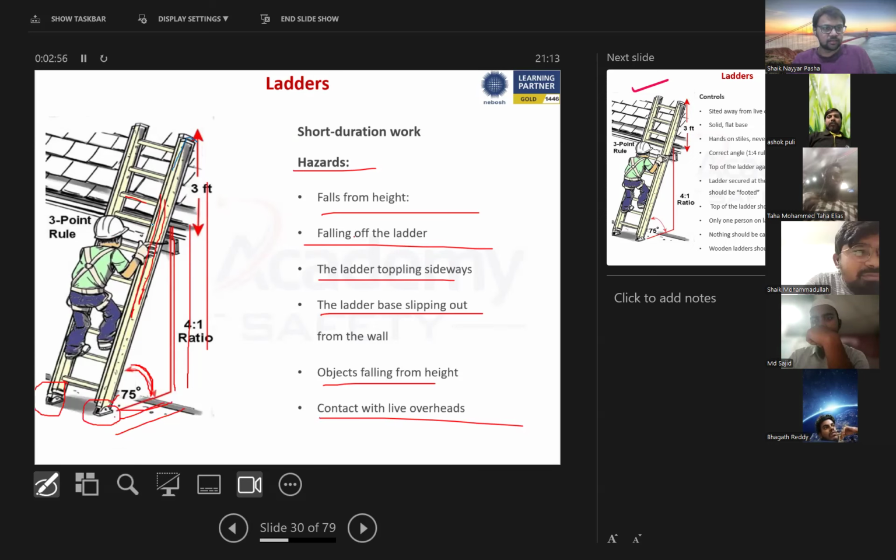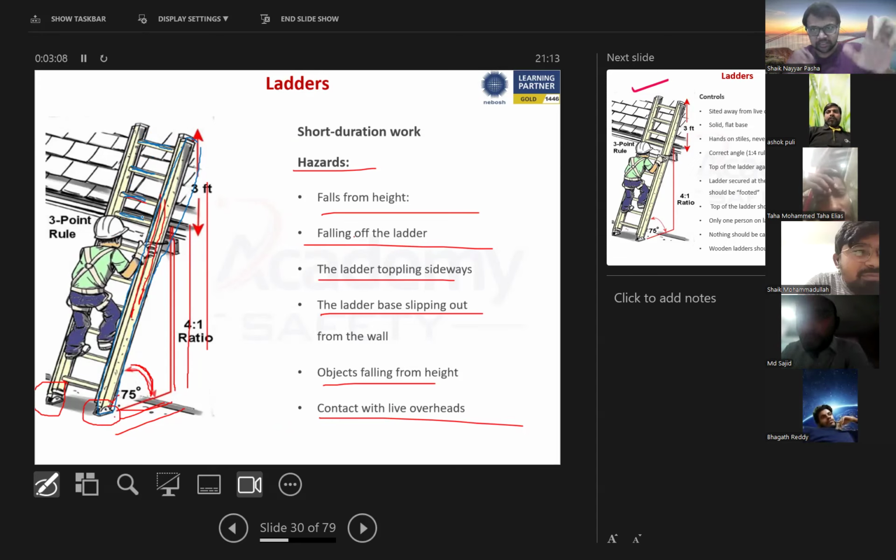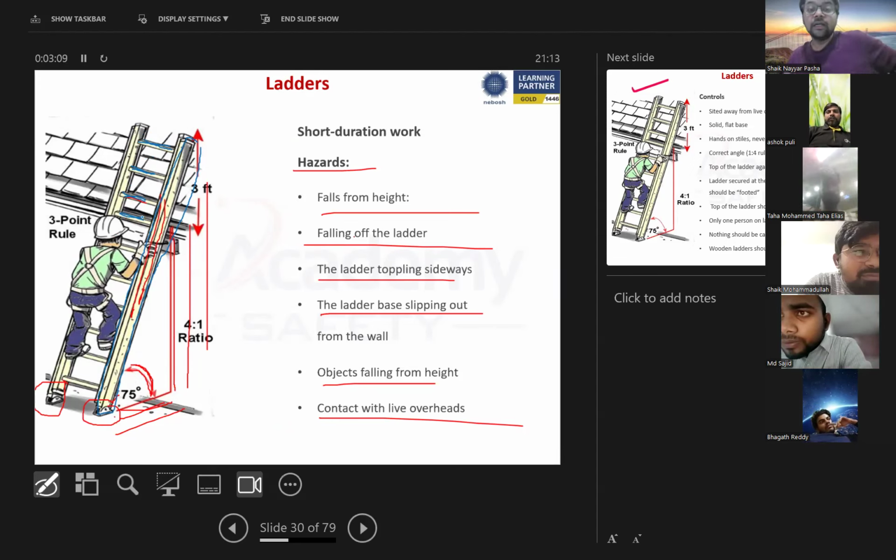These vertical parts are called stiles, and these horizontals are called rungs. When you are climbing, make sure you are only holding the stiles, not the rungs.